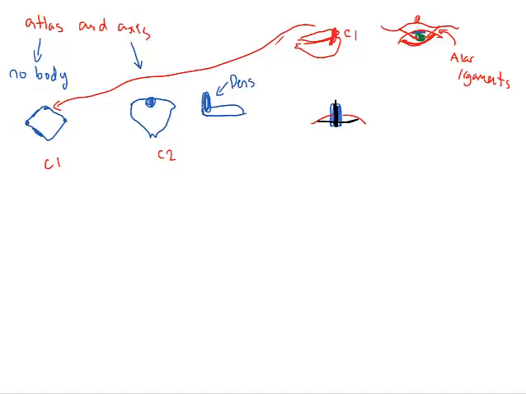Now, one big thing we should talk about is the alar ligament. So this alar ligament, if ruptured, will cause an increase in the range of motion for the contralateral rotation of your head.